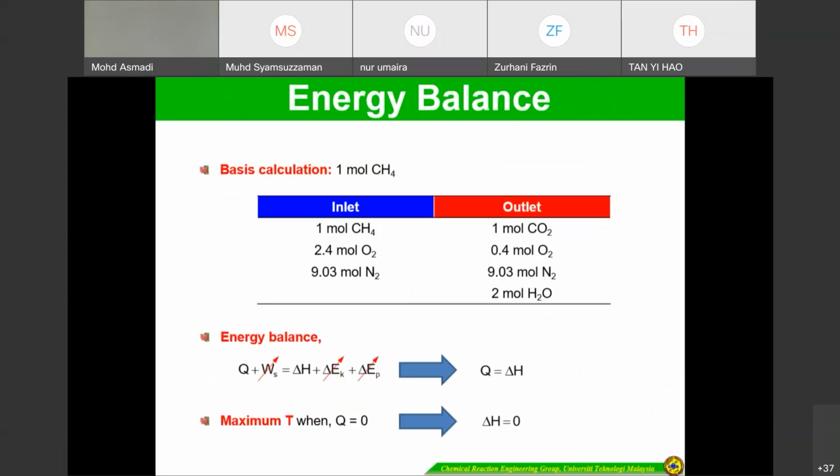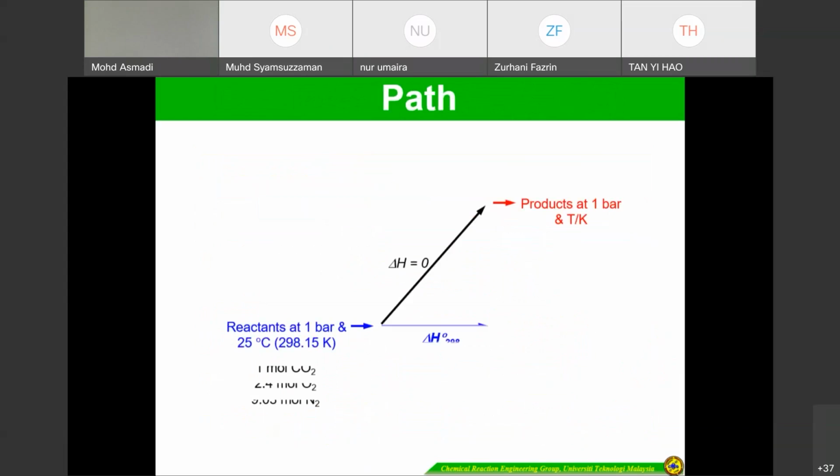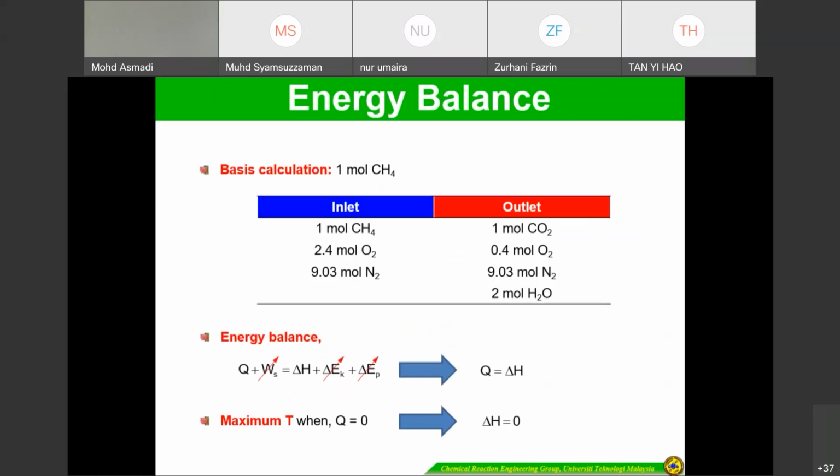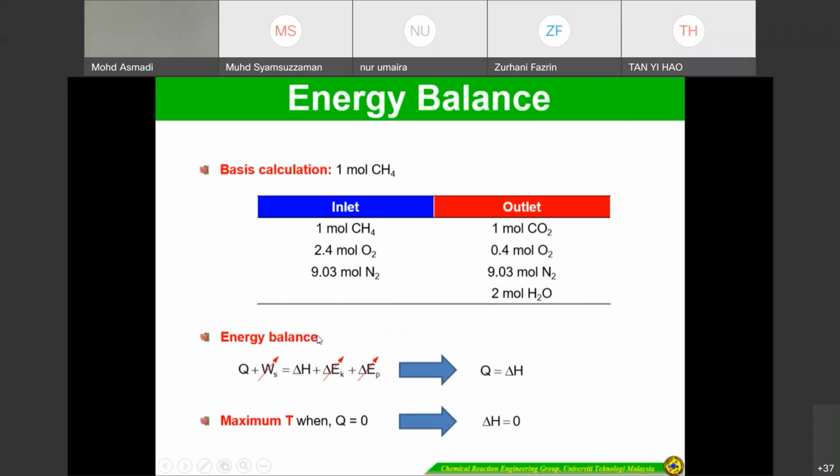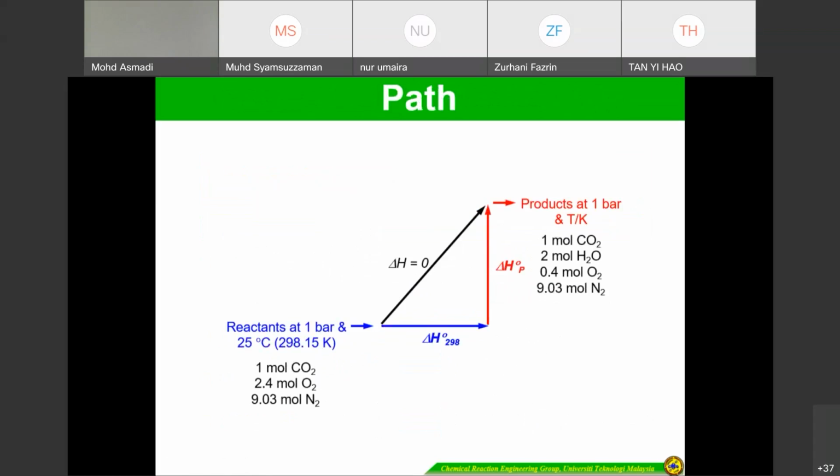Okay, so for the basis of the calculation, you have to do the hypothetical path. We enter at 25 degrees C, and we have to define the final condition, the temperature at the final condition.